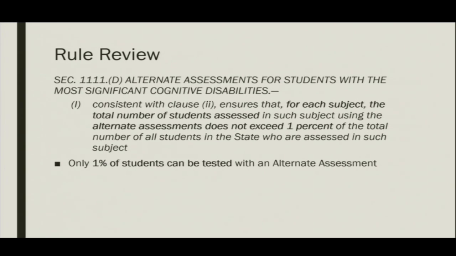For each subject that your students are assessed in an alternate assessment, ELA, math, and science, we are looking at the number of students that are participating in the alternate assessments, where the previous rule and calculation was based upon the number of those students who were proficient in alternate assessments. And so that rule has changed where a state can only have 1% of our total students test in an alternate assessment.